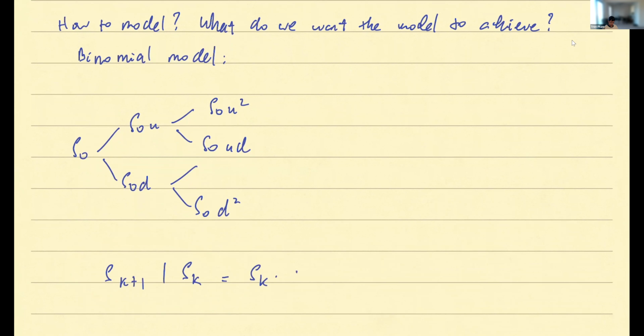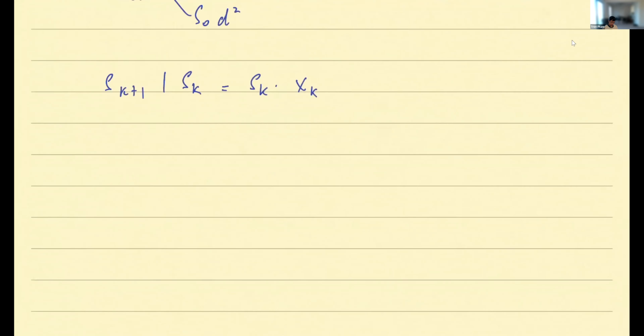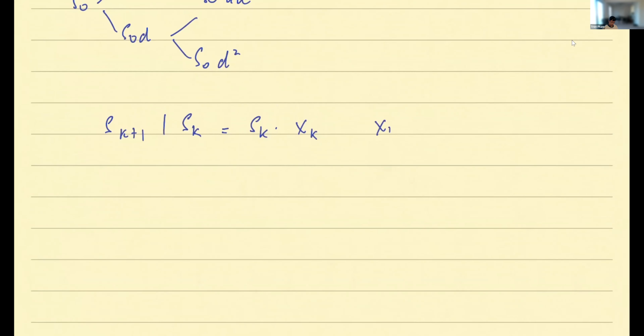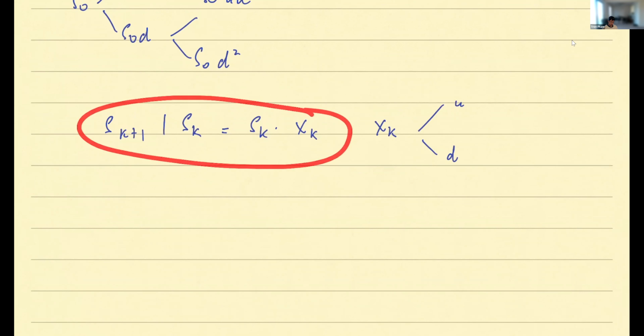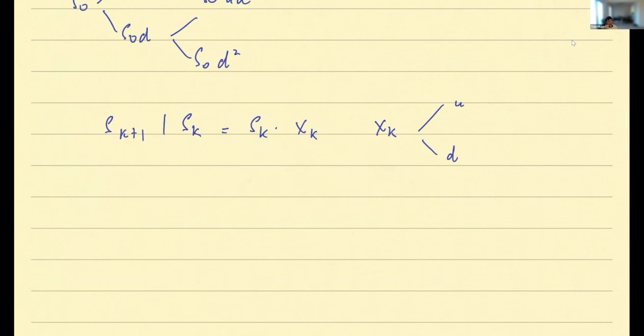I will first write it like this for now, where X_k will be u with some probability, and d with some probability. All right. And so, first of all, you should recognize that something like this is almost exactly like a random walk.